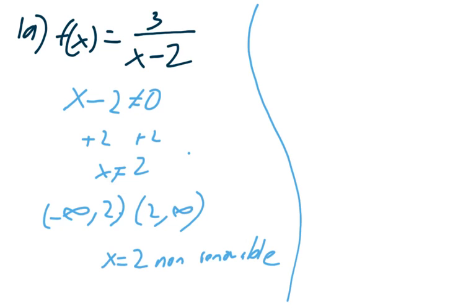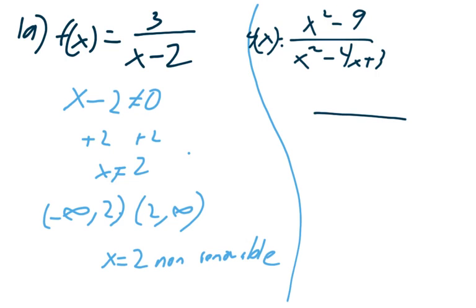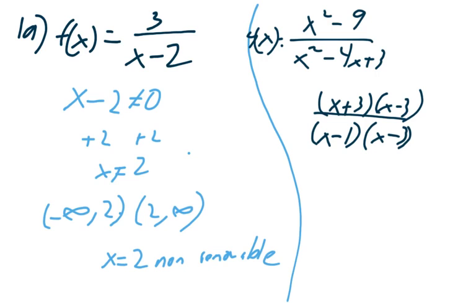For part B, we got x squared minus 1. Let's do a different problem. For this problem, in order to solve for the 0 being on the bottom, I'm going to factor, but I'm also going to factor on top. So x plus 3, x minus 3, x minus 1, x minus 3. And so we have a discontinuity at x equals 3, and we have one at x equals 1.